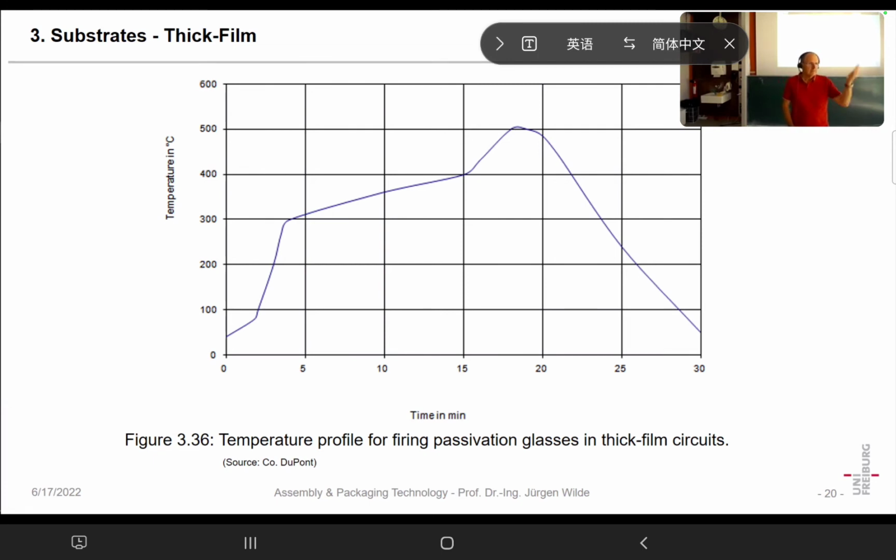That barium ruthenium or barium bismuth oxide can be degraded by humid atmosphere, for instance, so we put a glass on it. Here we see the glass is just fired at 500 degrees centigrade. Why this? The rest of the process was at 850. What could be a reason?